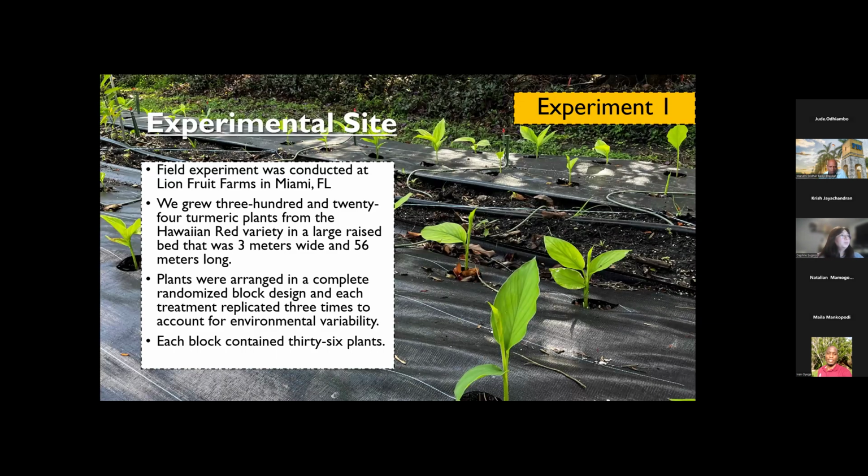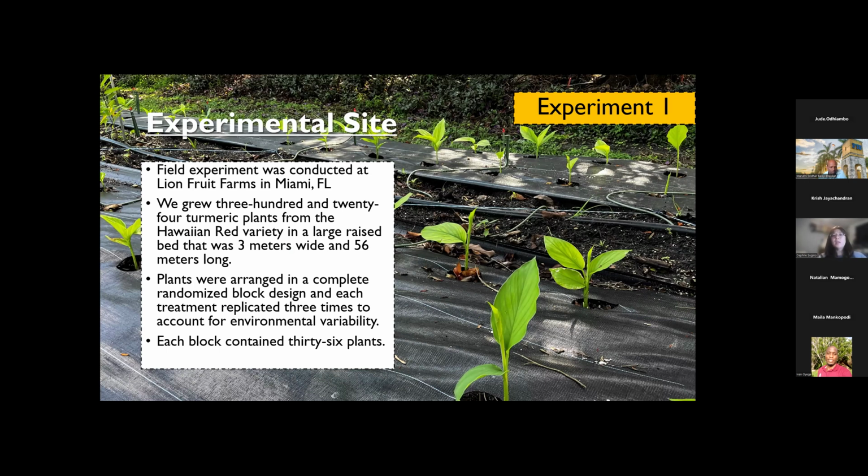So for this specific experiment, we did a really big field experiment at Lion Fruit Farms in Miami, Florida. We grew about 324 turmeric plants. We specifically had turmeric from the red Hawaiian variety, and we directly sowed them into the ground in large raised beds that were 3 meters wide and 56 meters long.